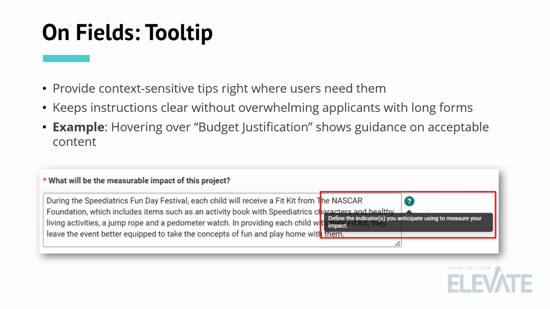We have clients who leverage it for examples, like I said, of something that they're looking for. And then we can use them for short clarifications, and they keep the form clean without those big instruction boxes, especially if you want to have a longer text. It keeps the forms clean, but still informative, of course, because hovering on top of that will let us navigate that better.